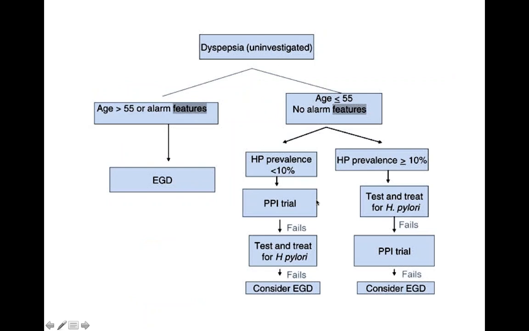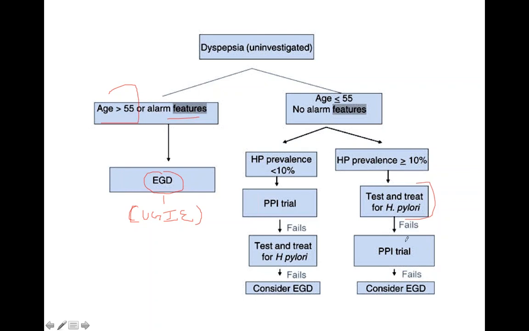So this is a simple way. They have made it slightly complicated actually. So you just have to remember this main point: age more than 55 or alarm features, we go for esophagogastroduodenoscopy, that is upper GI endoscopy. And if the patient is less than 55 years of age, we can go for H. pylori testing and treatment.